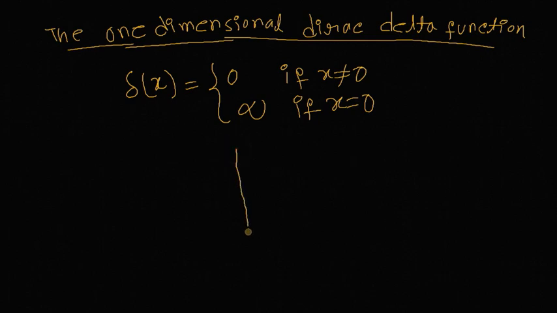If we draw this in a graph, when the value of x is 0, the value of del x is infinite. So we can draw it like this: the value of del x is 0 everywhere except at the point x equal to 0. So this is known as the Dirac delta function.